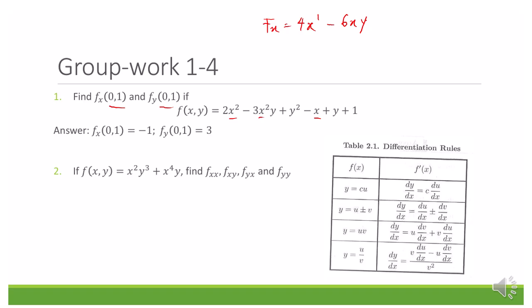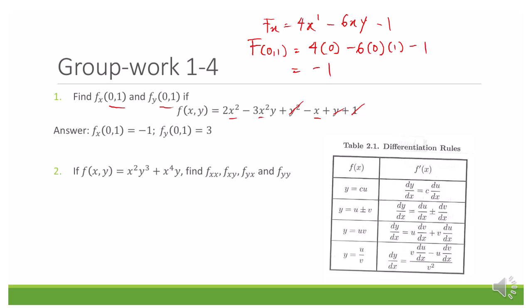This will be 0, this will be 0, this will be 0, so the rest will be minus 1. Given f(0,1), substitute the values x equals 0 and y equals 1, multiplied by minus 1. So the answer will be -1.